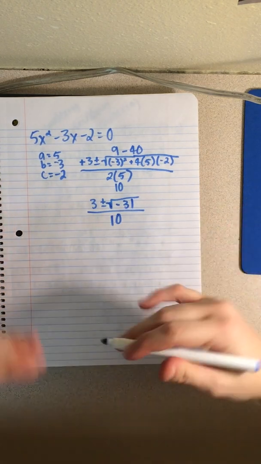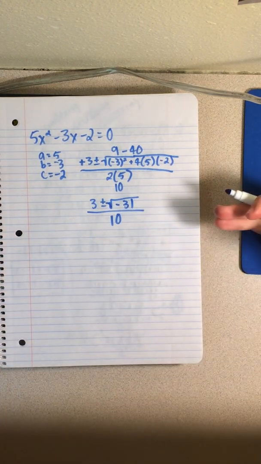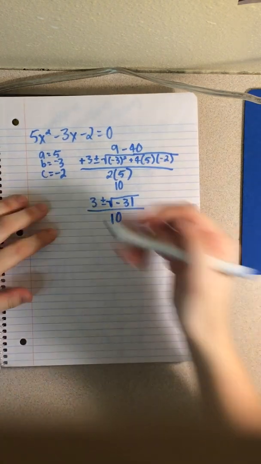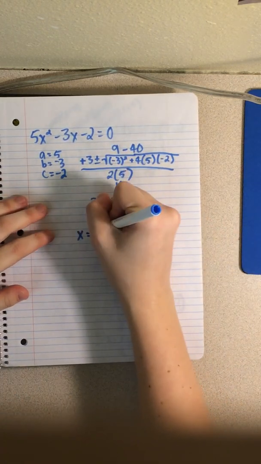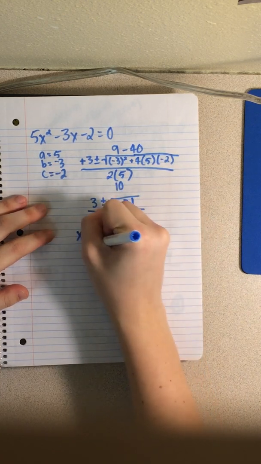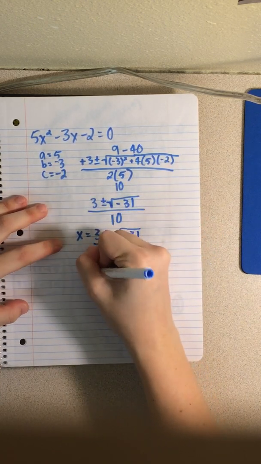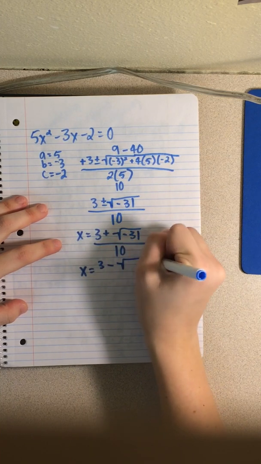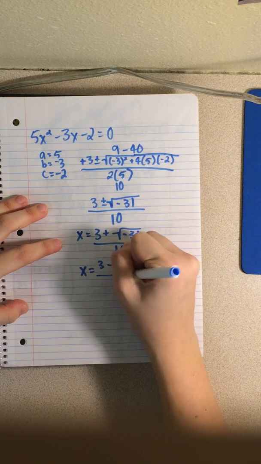So you get to this point, there's nothing you can do. So this is your answer. So x equals 3 plus the square root of negative 31 over 10. And x equals 3 minus the square root of negative 31 over 10.